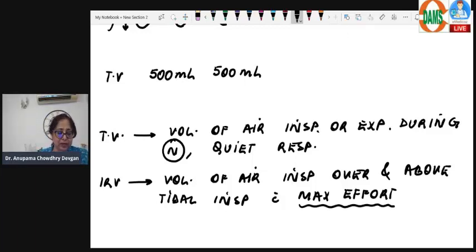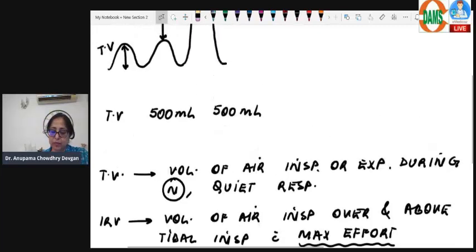This is called IRV, inspiratory reserve volume. Over and above a tidal inspiration with maximum effort, that is known as IRV, inspiratory reserve volume.